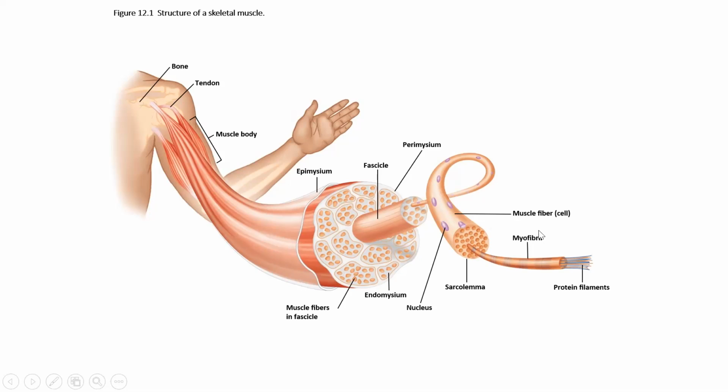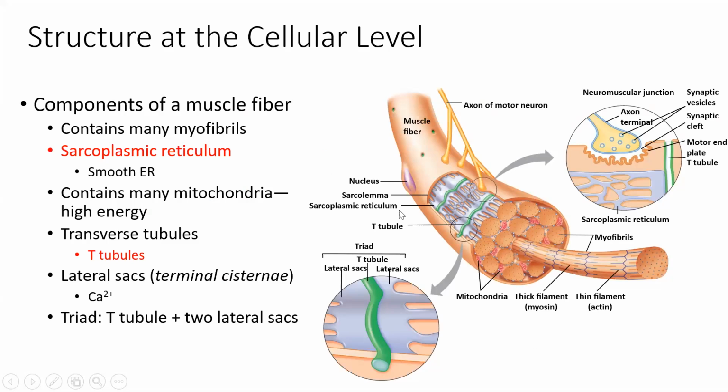Now, if we look even closer here, getting into the subcellular level, beyond the level of the muscle fiber, right down into the organelles inside that cell, we'll see that inside a muscle fiber, there aren't many other organelles. There are just these elongated structures that are jam-packed inside the muscle fiber.